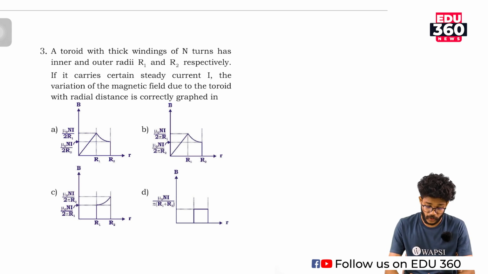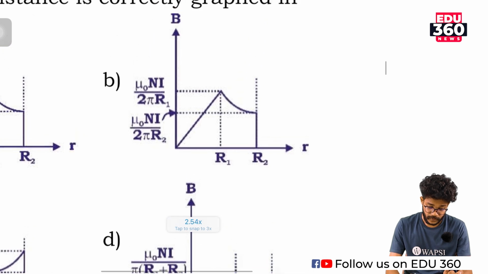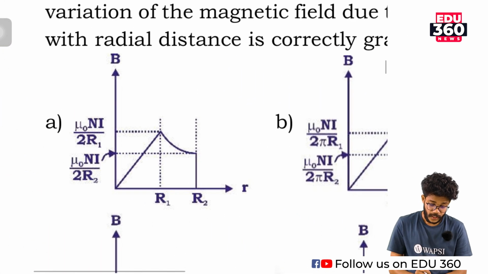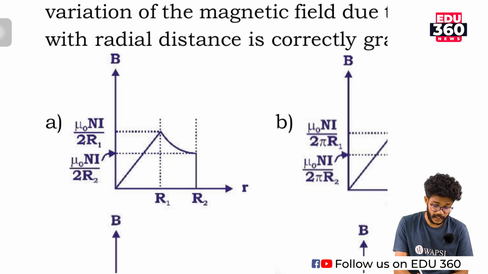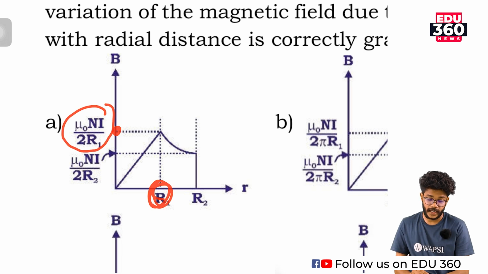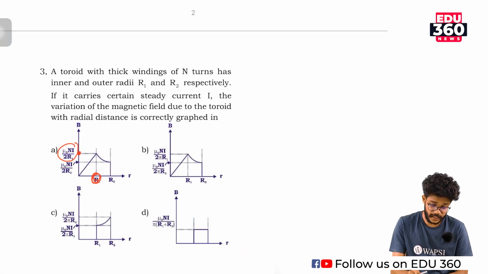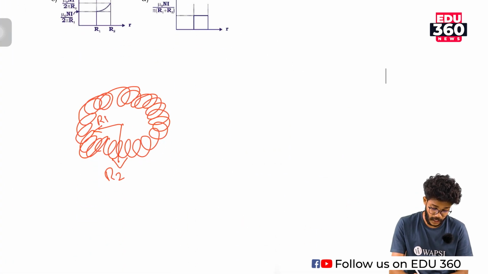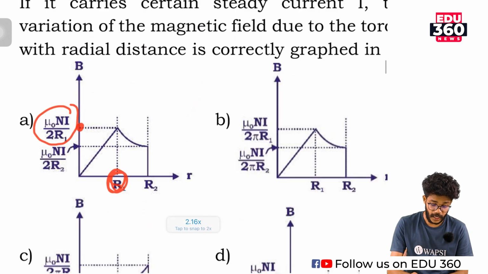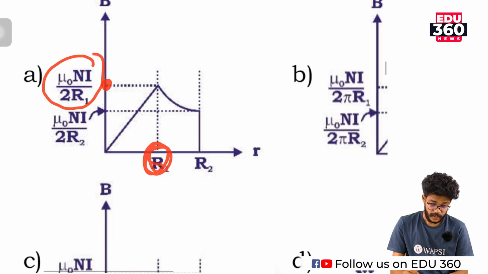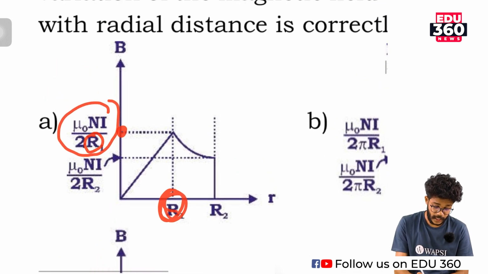So we want to observe each graph. The first one shows a high magnetic field for R1, and they have given the equation mu 0 N i by 2 pi R. Since R1 is the outer radius and R2 is the inner radius, R1 is greater than R2.